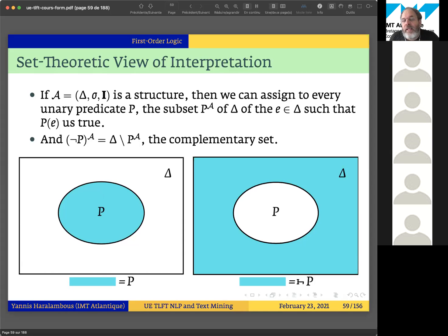If I take the negation of my predicate, then the subset is the complementary set of the previous one. So you see, a unary predicate corresponds to a subset. The negation of a unary predicate corresponds to the complementary set.